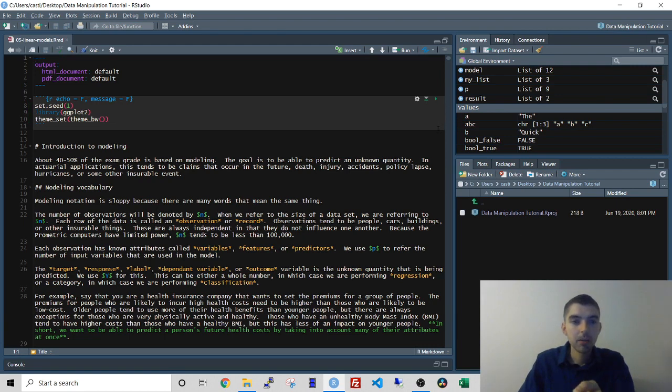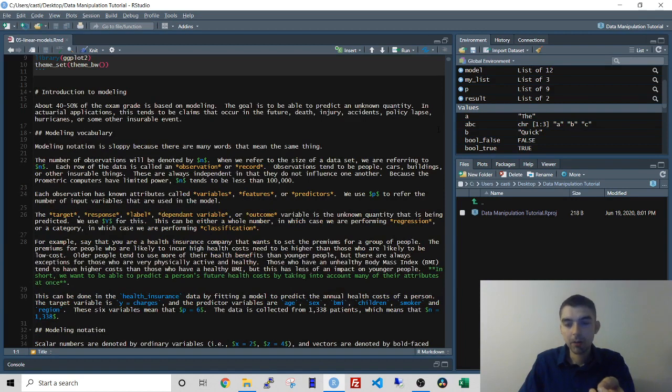To begin, it's useful to have some background in terms of terminology. Just like learning any type of language, when you start, you first need to know some vocabulary. If I'm learning Spanish, I need to know what different words are.